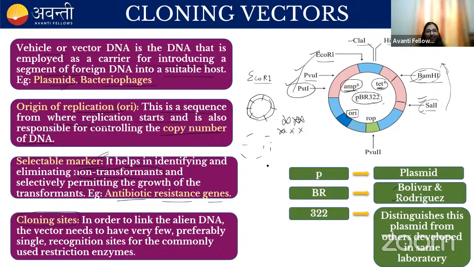It will destroy the vector. We cannot use this vector. So a good vector should have recognition sites for a variety of restriction enzymes, instead of having multiple cloning sites for a single restriction enzyme. This diagram is very important. Remember this.